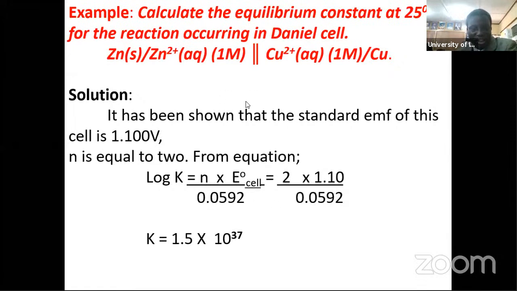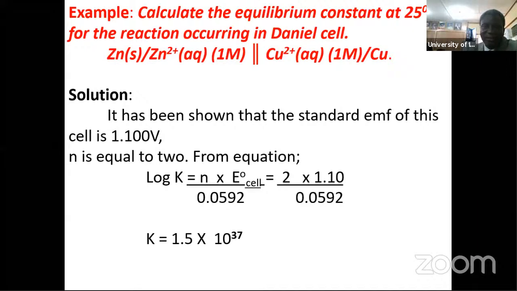So you go back to the equation I gave you last, where E naught cell is equal to 0.0592 over n log K. So your log K will be equal to n multiplied by E naught cell over 0.0592. You simply substitute in the various values, and your K in this case is 1.5 times 10 raised to power 37. So this is a method you can use to calculate your K from your E naught cell, and you can do it the other way too.